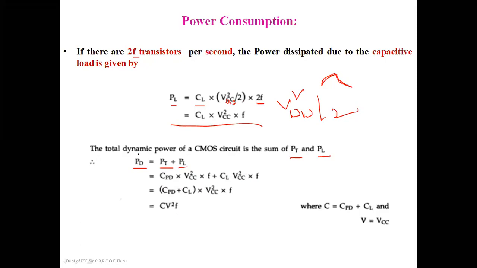So finally, the total dynamic power is CPD, the power dissipation capacitance, and the capacitive load CL, into VCC square, that is VDD square, into F. So this is the power consumption of a CMOS digital IC.